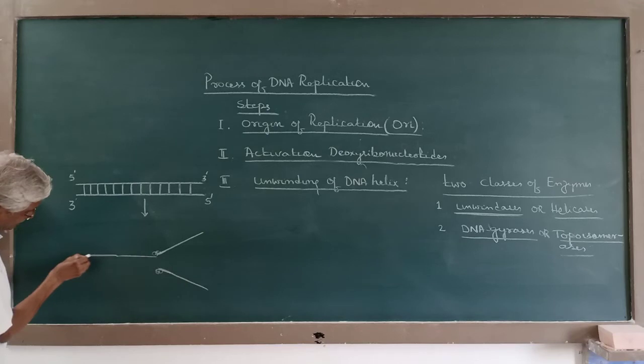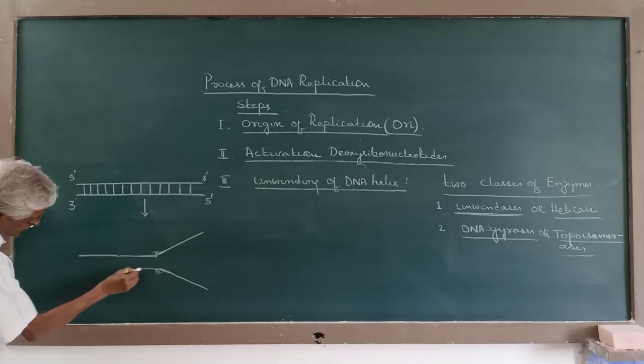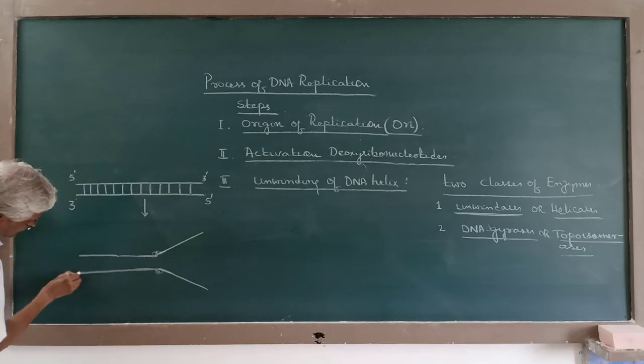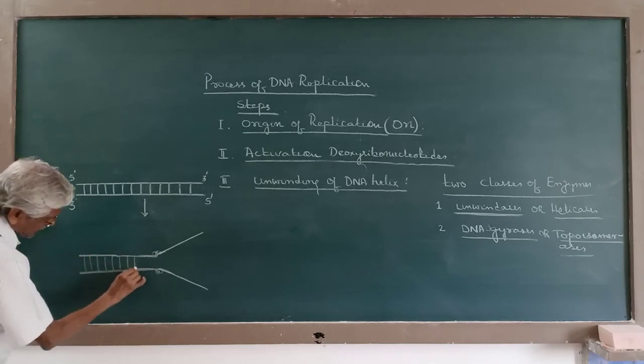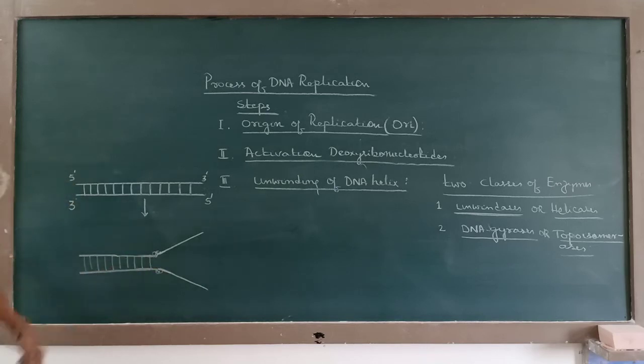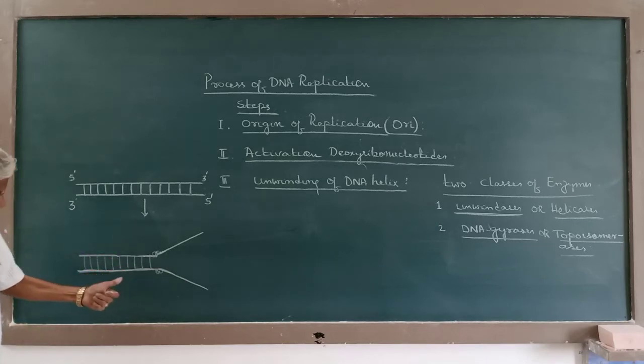Now here, the rest of the DNA still remains in the same double helical form. The rest of the part of the DNA is still double stranded. It has not been uncoiled.